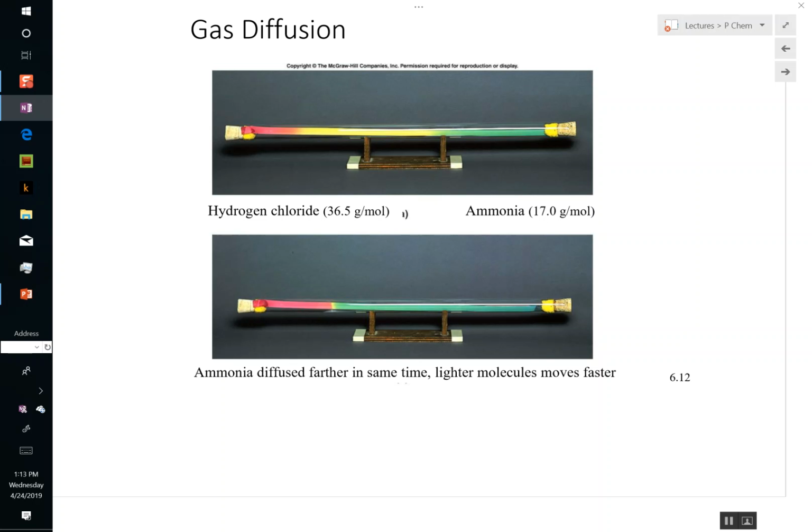This is really the stuff from chapter 19, collision rates. There is a reaction when it hits the pH paper, but basically we're watching these molecules make their way down the tube. The lighter one has a higher velocity and the heavier one a slower velocity, and you can actually see the effect of that.